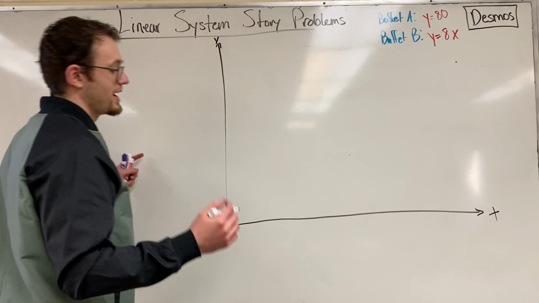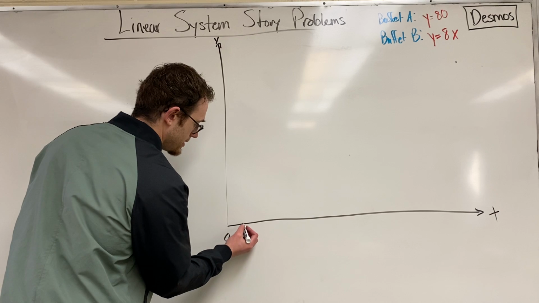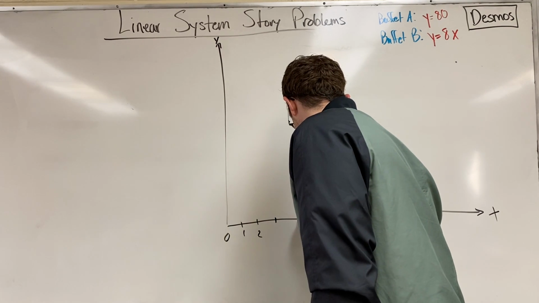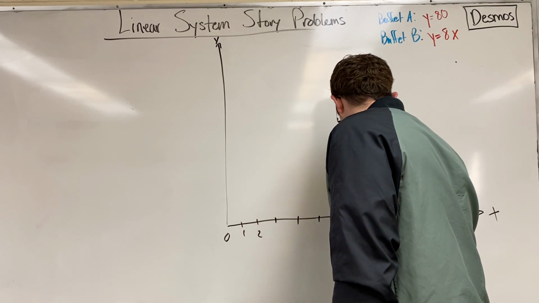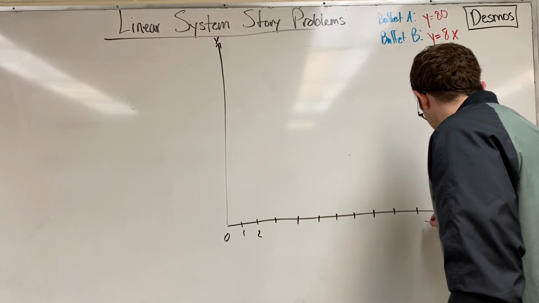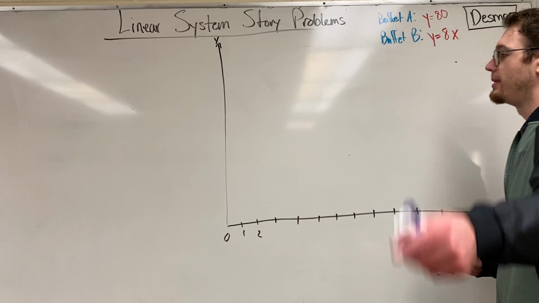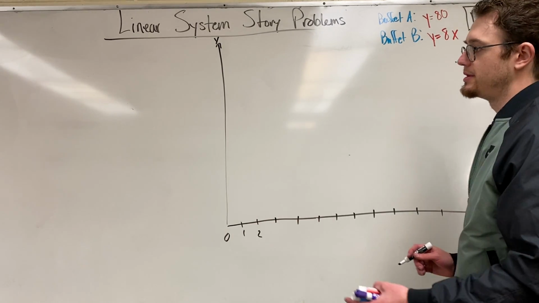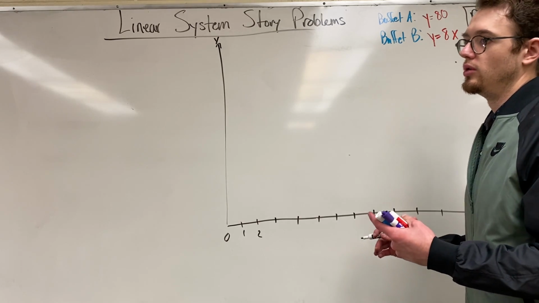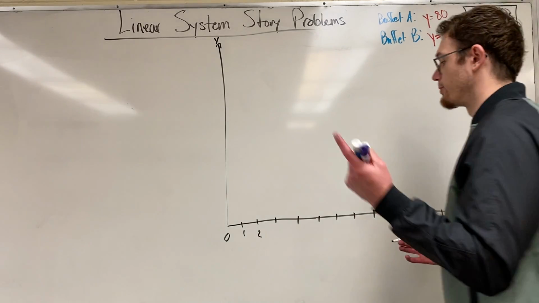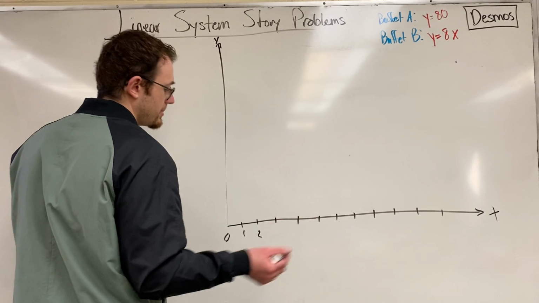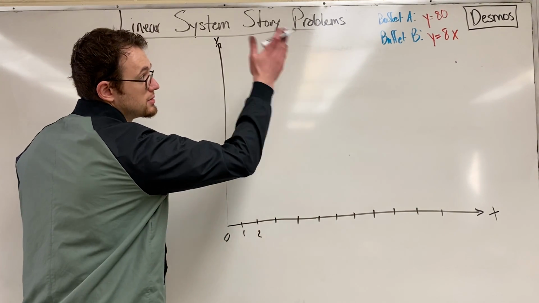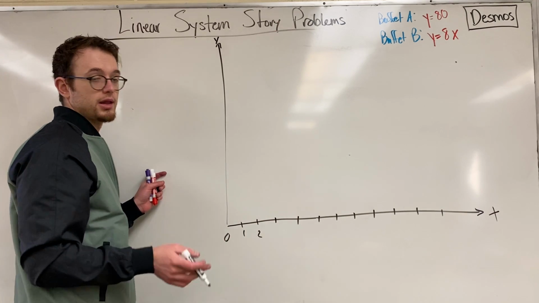We're going by family members, so 0 family, 1 member, 2, 3, 4, 5, 6, 7, 10, 11. Oh, and I forgot, you might have to go back. The question is, how many family members will make them cost the same? And we're going to find that out by graphing. I'm going to go by 8s, because it'll make it a lot easier since one of them is going by the 8s.